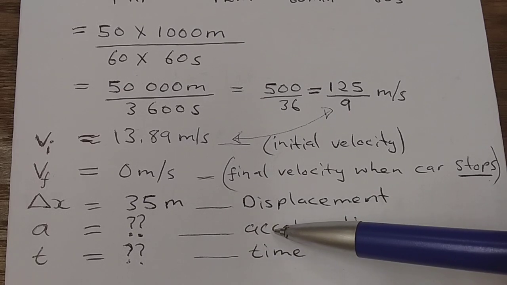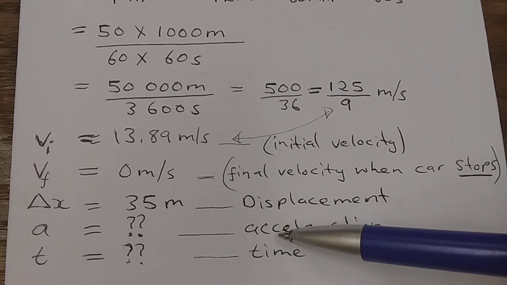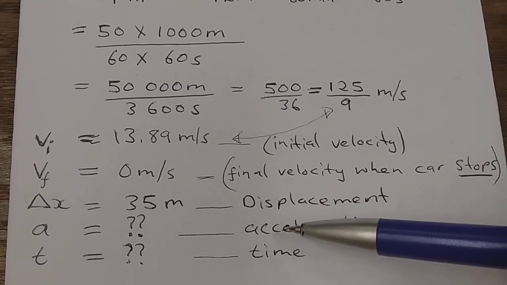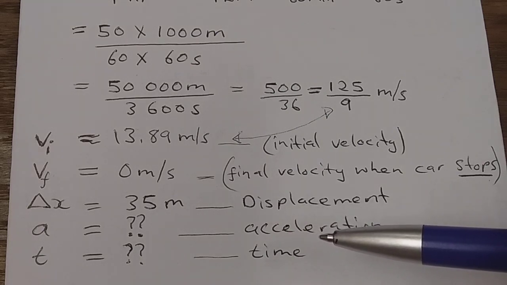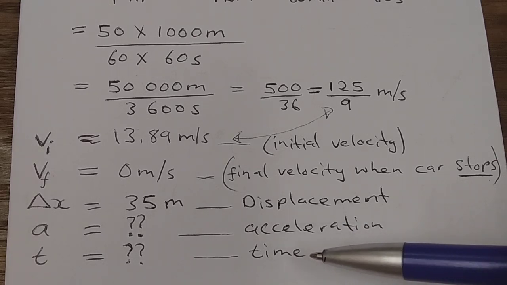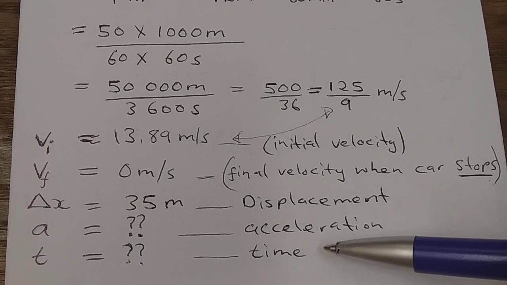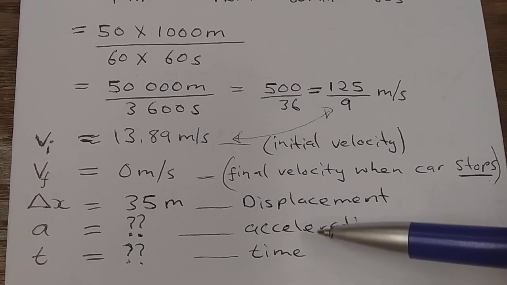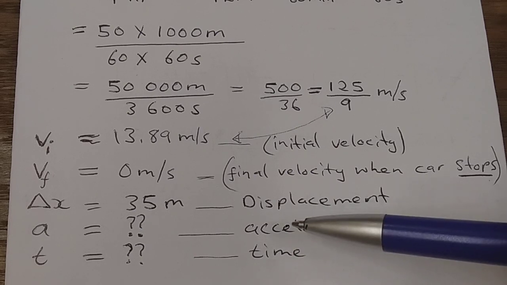We don't know the acceleration of the vehicle as it was braking, so we call it deceleration because it's in the opposite direction. Normally it comes as a negative answer. Time, we don't know for how long the braking lasted. So we have two unknowns.